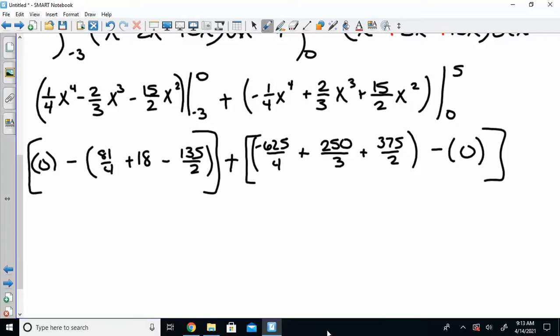Alright, so obviously on the test, I'm going to give you some nicer numbers. But let's go ahead and figure out what this would give us. So we'd have a negative 81 over 4 minus an 18 plus 135 over 2 minus 625 over 4 plus 250 over 3.